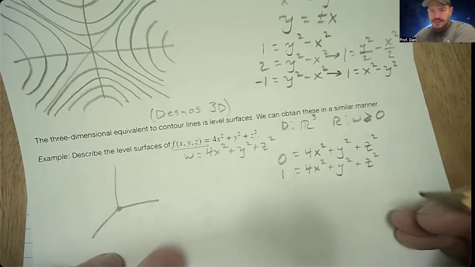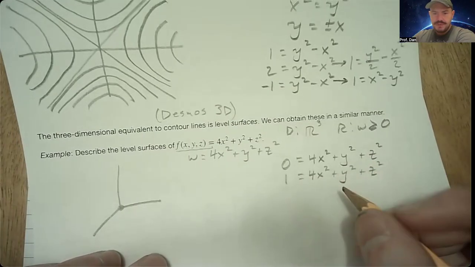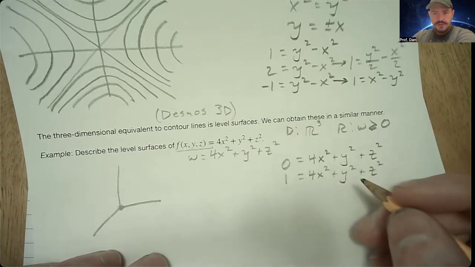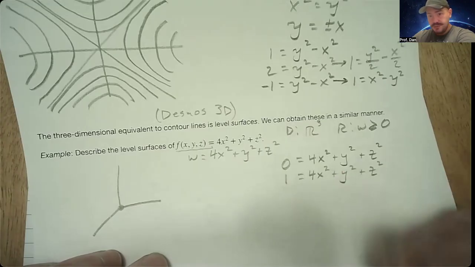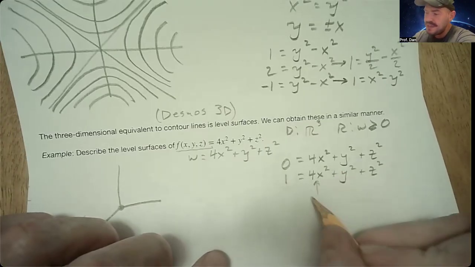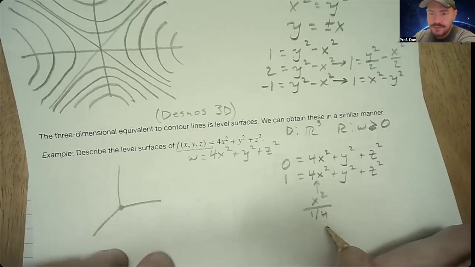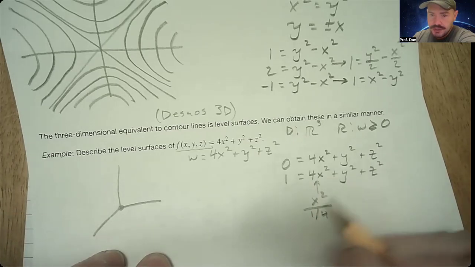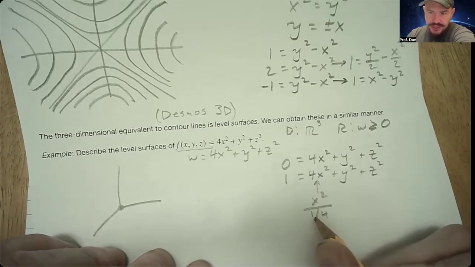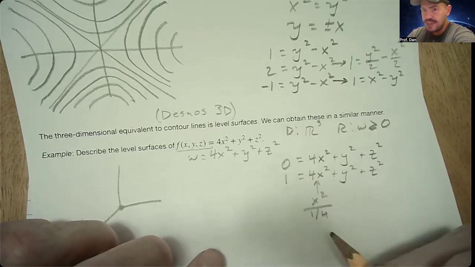Now, if we let w be equal to 1, we end up getting not quite a sphere. We could even say that it's an ellipsoid, right? Because remember, if you have 4 times x squared, that's the same as x squared divided by 1/4. So in the x direction, our ellipsoid would have a radius of square root of 1/4, also known as 1/2.